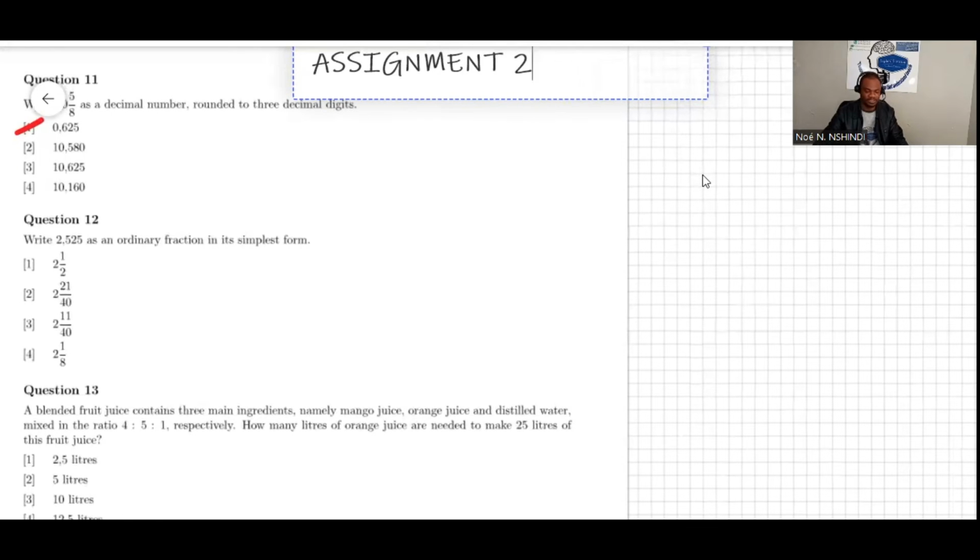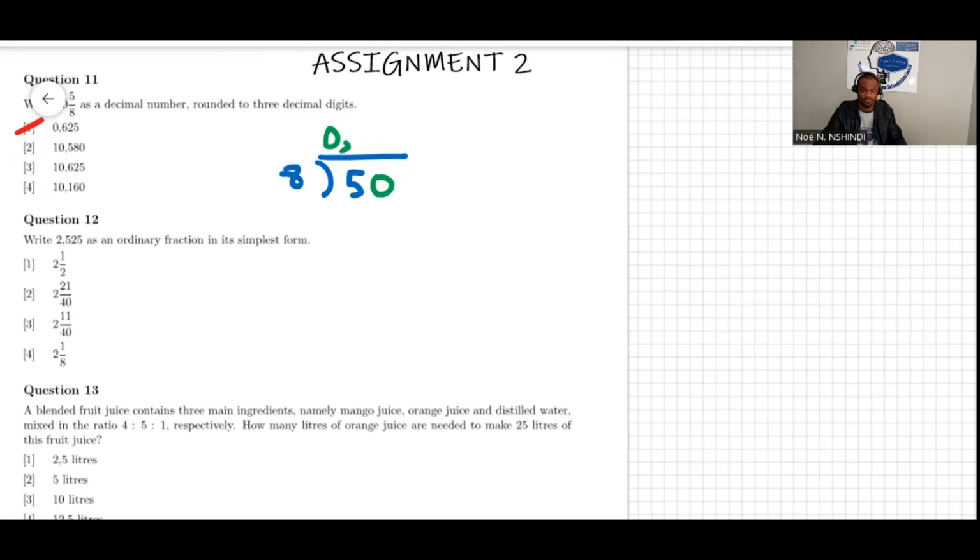okay, 5/8. I can write 5 this way. If I need to find 5/8, I'll do: 8 cannot get into 5. So what I can do here is add 0 to the 5, and then put 0 and a comma there.